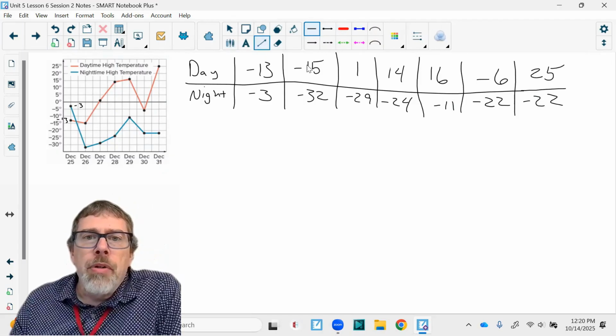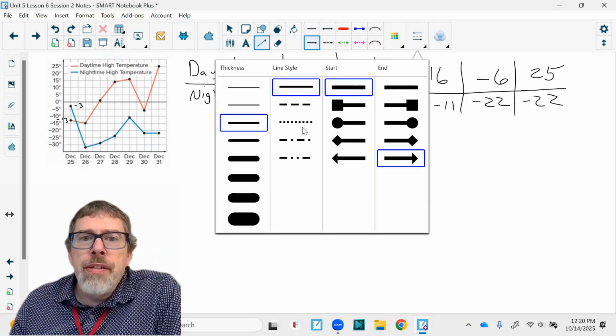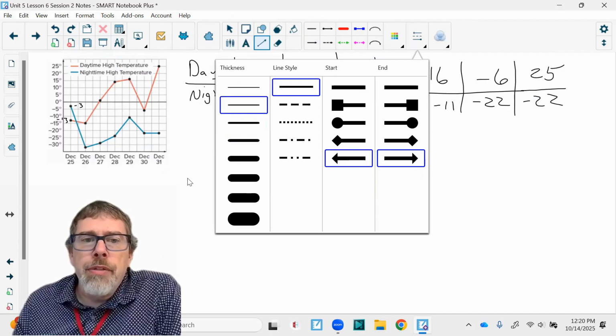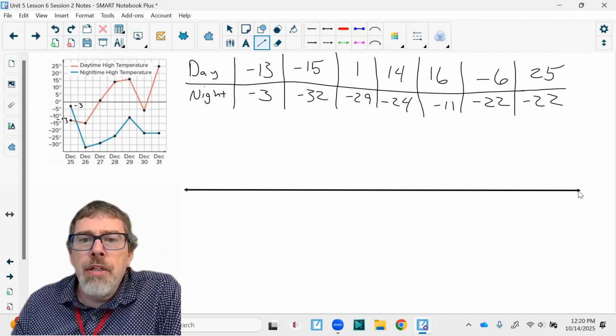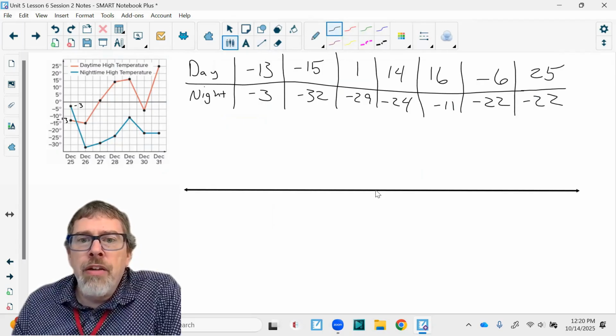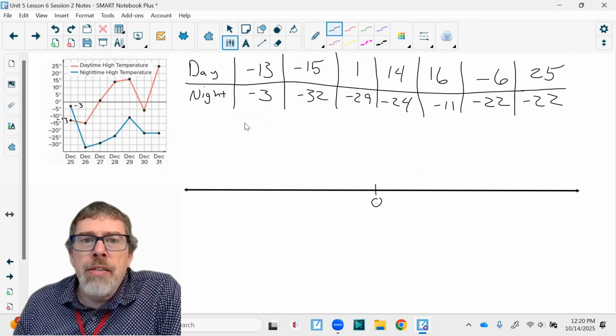So let me get a number line. The distance between 2 points, sometimes both positive, sometimes both negative, sometimes one positive and one negative. It's a good idea to have a number line to express their distances away from each other, because that's what we're doing. We're looking for a range.